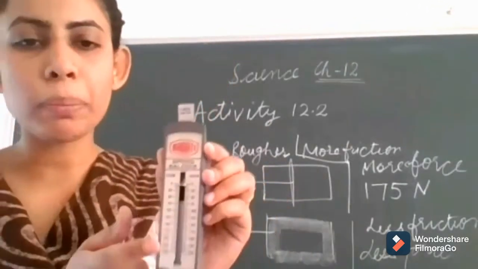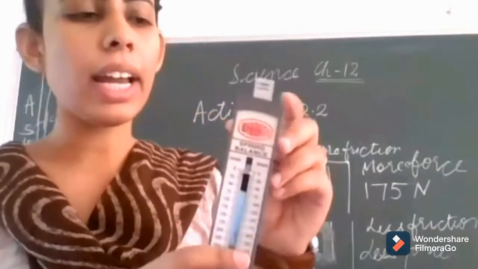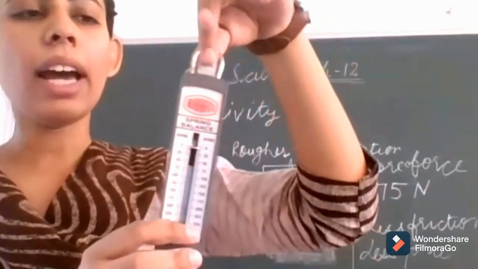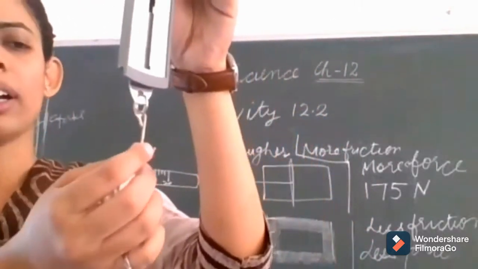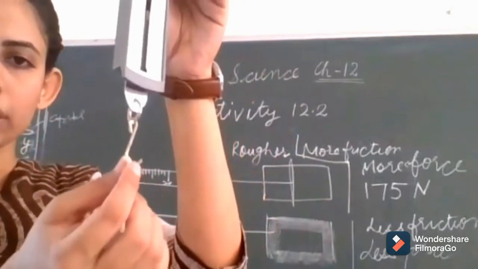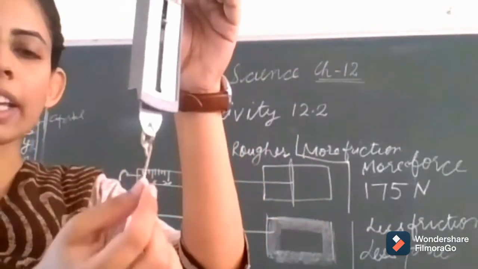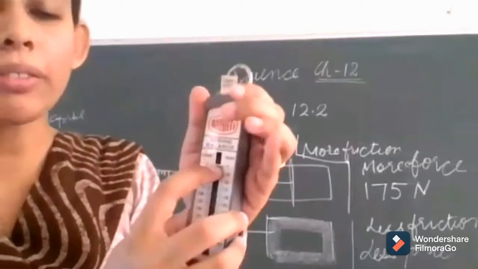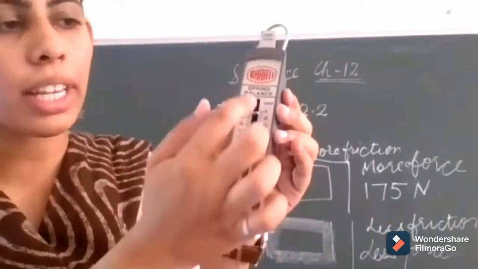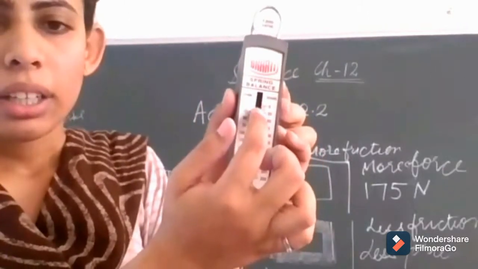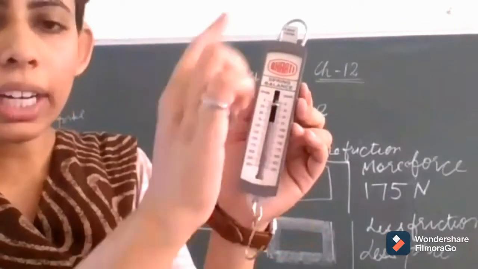The concept of spring balance is clear to you all, that there is a hook where we hang the weight. The spring balance will show the reading at 0. When we apply force, there is a coil. Yes, it is coiled in nature.